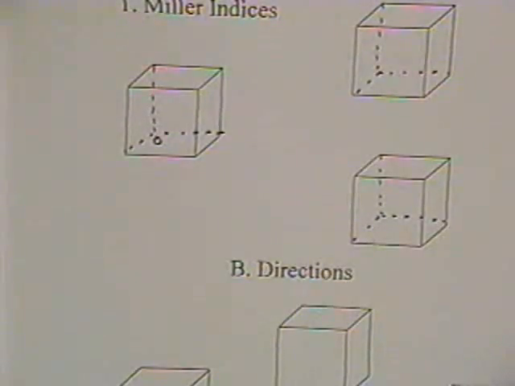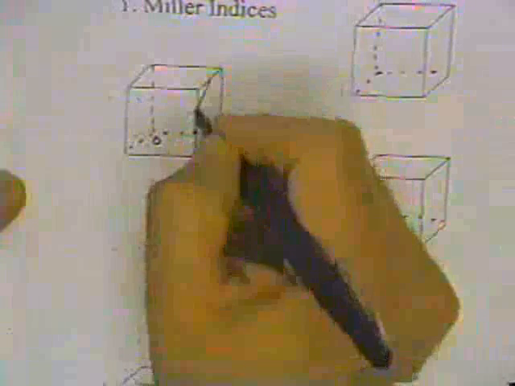And I'll show you right here. What's the value of Miller indices? Well, if you're going to talk about a particular kind of crystal plane, then the numbering system is true for all the planes. The unit dimensions of the cell may change, but the particular plane would be the same for any of them. Let's consider this plane right here.